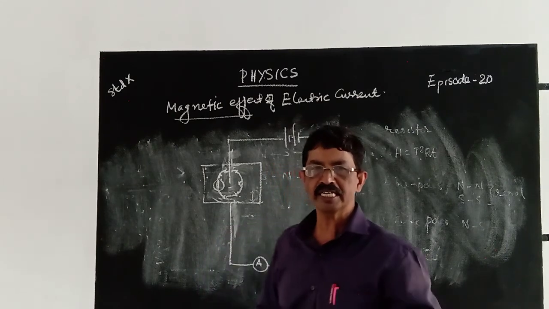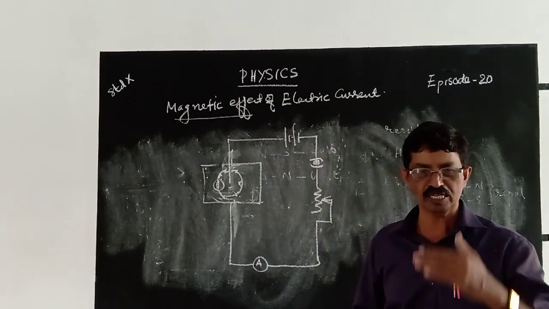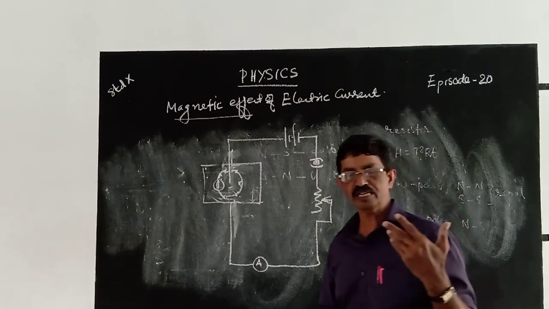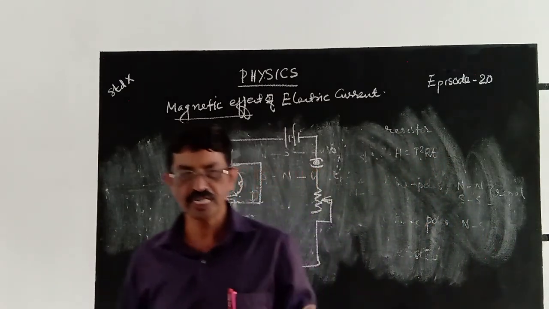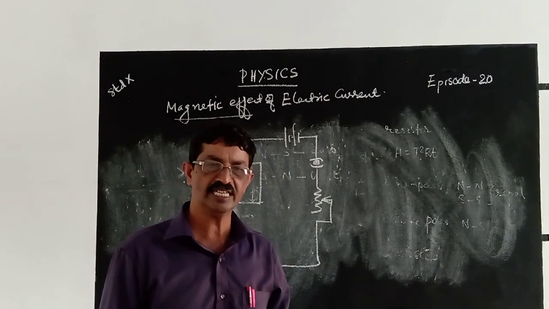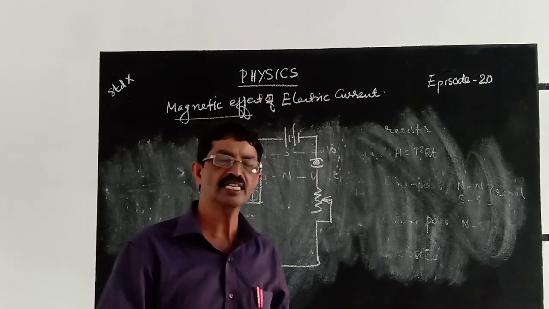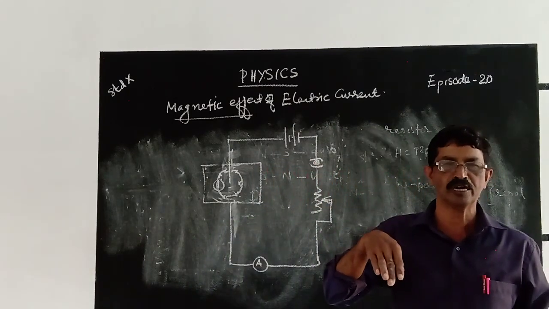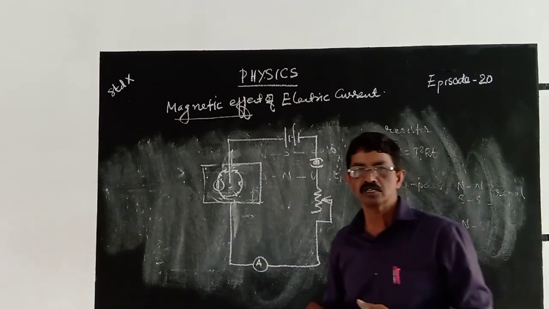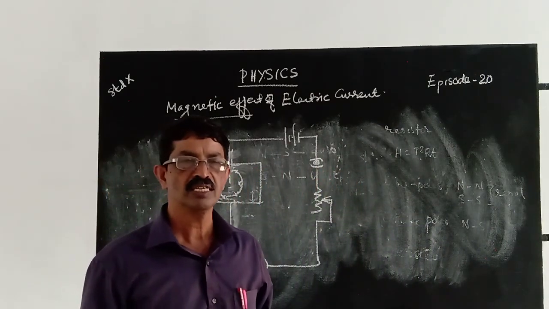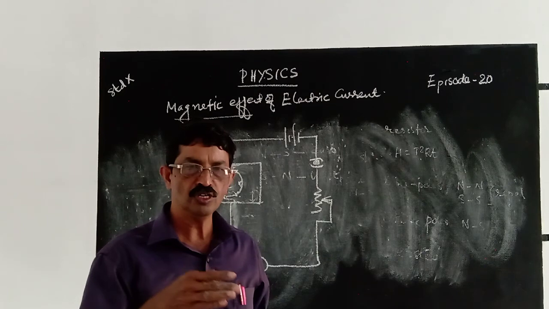We can find the direction of the magnetic field, that is the magnetic lines of force, by using Fleming's right hand rule in the case of a straight conductor. And the direction of the magnetic field is always, outside the magnet, from north to south, and inside the magnet it is from south to north.